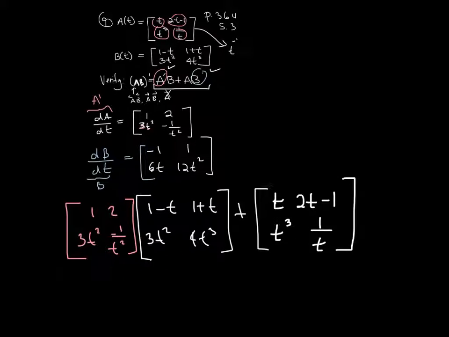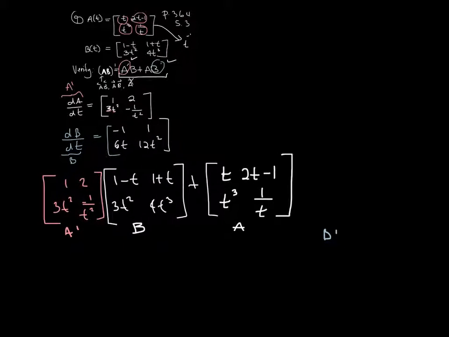I maybe shouldn't have circled this in pink, but this is my A prime. There's A prime, there's my B, plus A, my regular A, times B prime, or my dB dt.